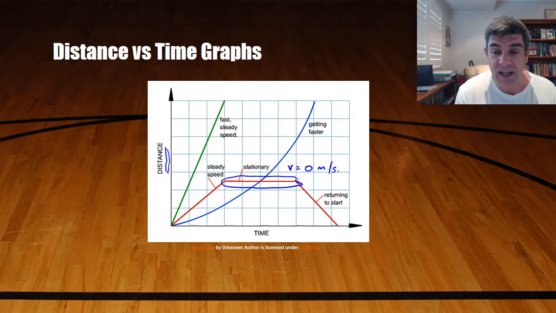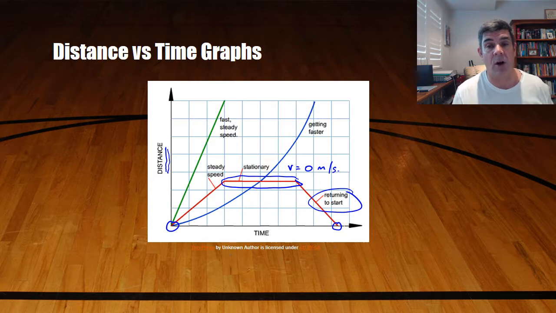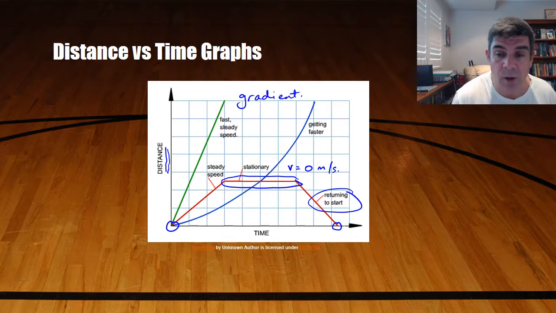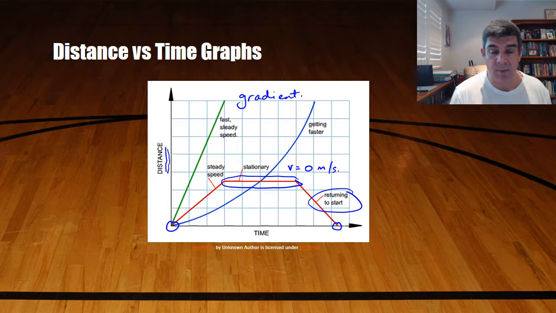The graphs can also indicate some positions even though they are distance versus time. So if it starts at 0 and then ends at 0, this is equivalent to the object returning to the start.